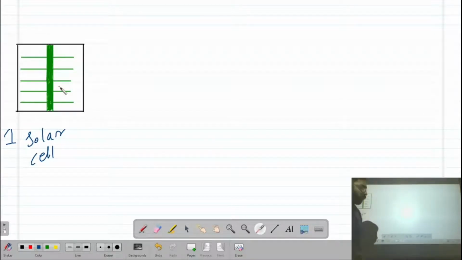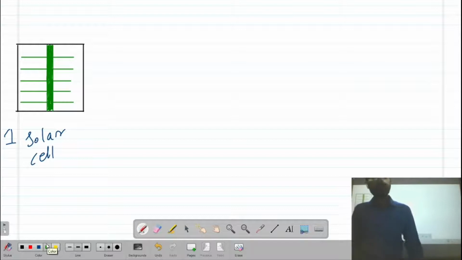Now, as we know, for a single solar cell we have also calculated a numerical with respect to the efficiency, VOC, that is open circuit voltage, and ISC of a solar cell.